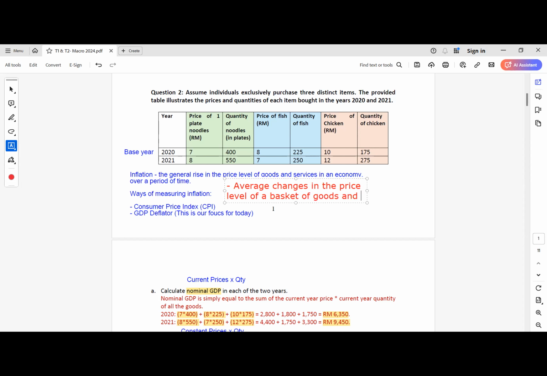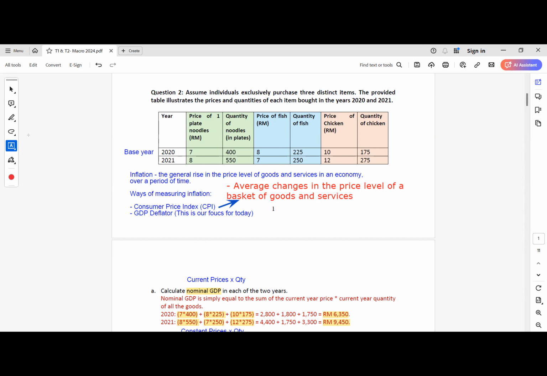That means I do not look into all the goods and services produced, but only a basket of goods and services that is being consumed by the people in the country. So I observe what is being consumed in our daily life: transportation, necessities, clothing, fashion, technologies, and all this. A basket of goods and services.